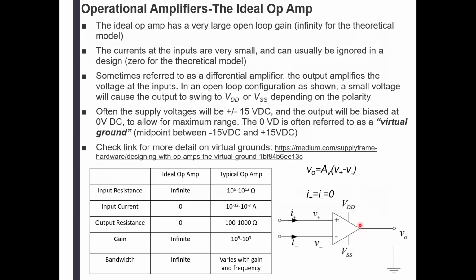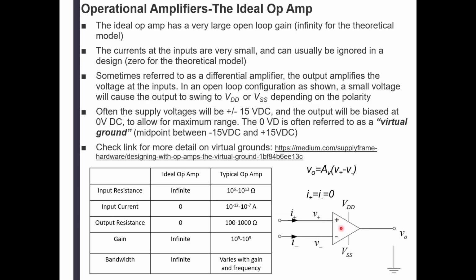Now, if it's an open loop, if this thing is just standing on its own, let's say a positive power supply is plus 15 volts, and a negative power supply is negative 15 volts. So here's what's going to happen. It kind of compares these two.